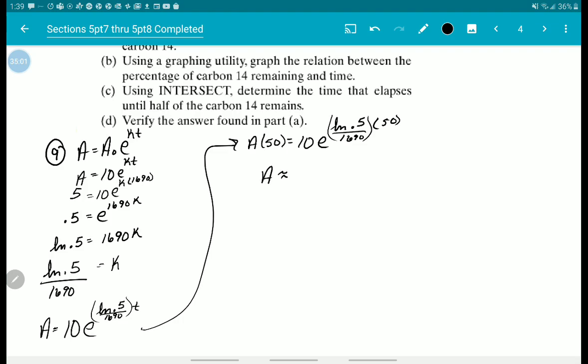So I got the amount to be about 9.797 grams. So not much is decayed in 50 years, which makes sense because the half-life is over 1,600 years.